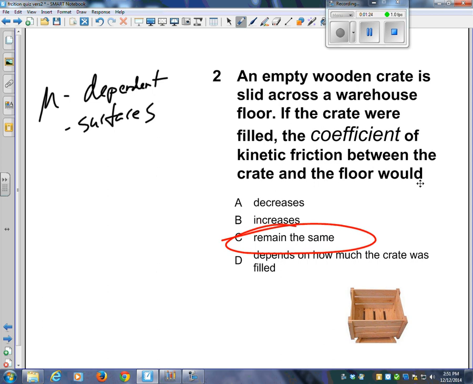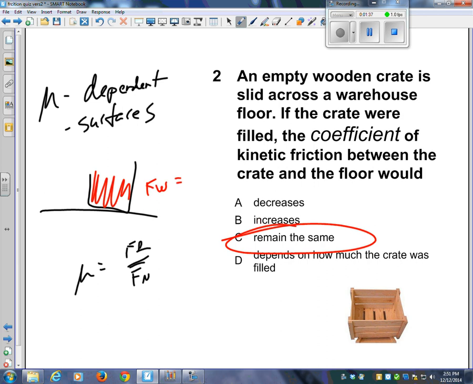So, when you put something in that crate, remember mu is Ff over Fn. So if I fill up that crate, what am I increasing? I'm increasing the weight force considerably, which means that the normal force increases, but because mu is only dependent upon the surfaces, like wood on concrete or what have you, right? So because this must stay the same, what also has to go up?